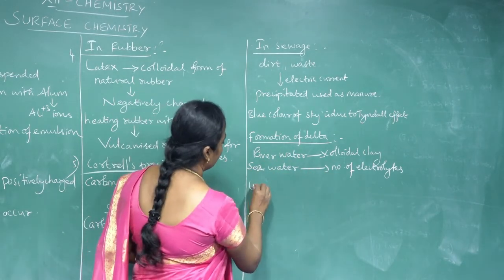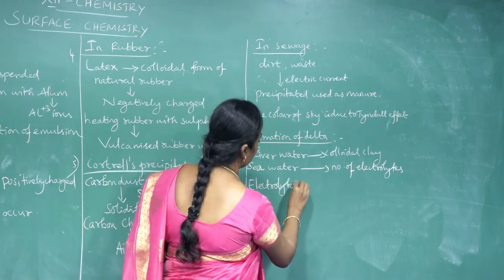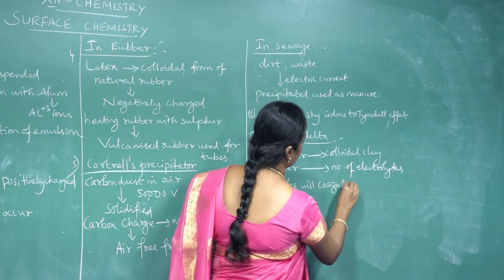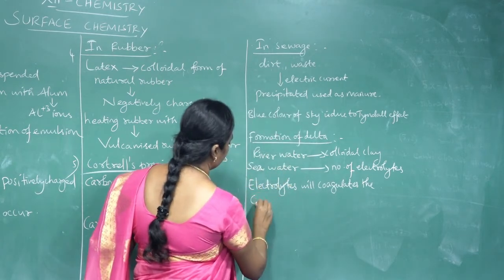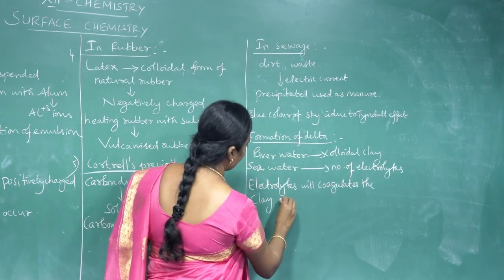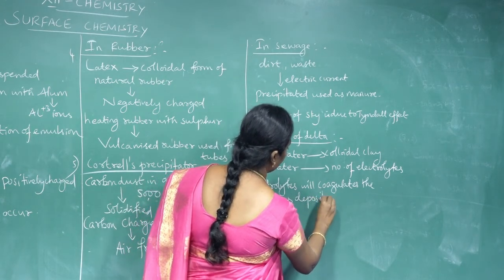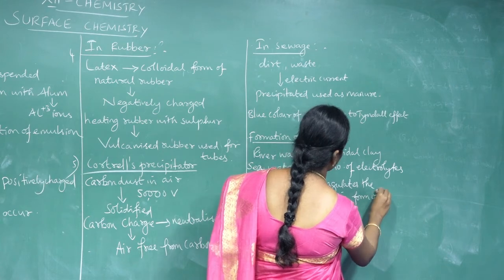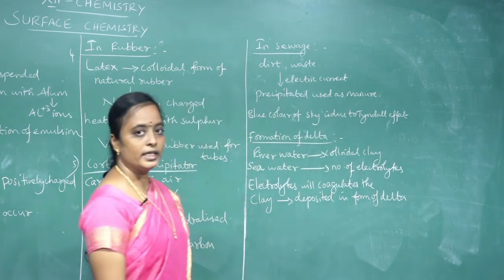So here the electrolyte will coagulate the clay, and that will be deposited in the form of a delta.